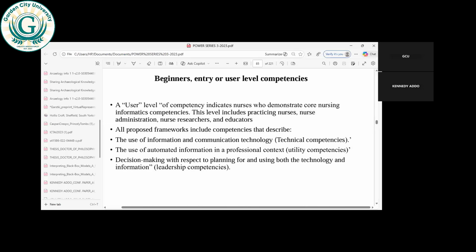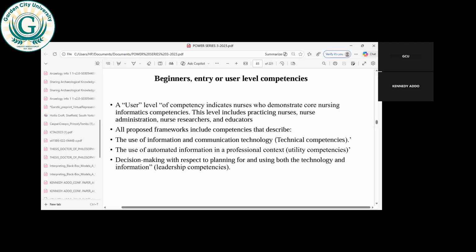A user level of competency indicates nurses who demonstrate core nursing informatics skills or competencies. This level includes practicing nurses where nurses work. All proposed frameworks include competencies that describe the use of information technology.